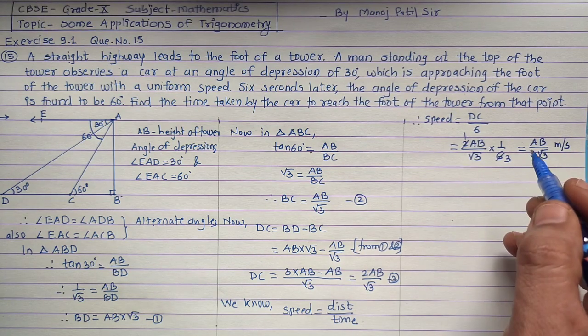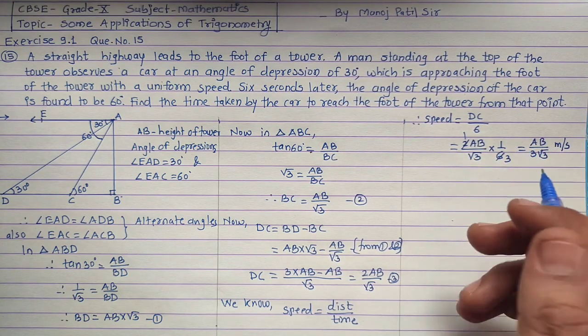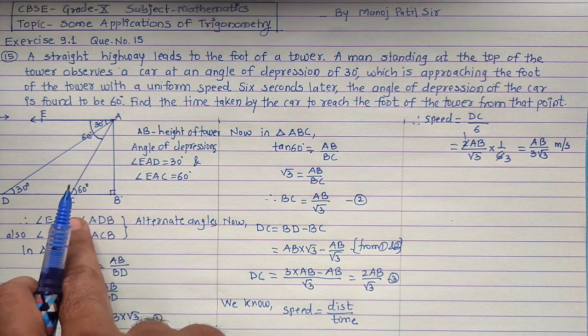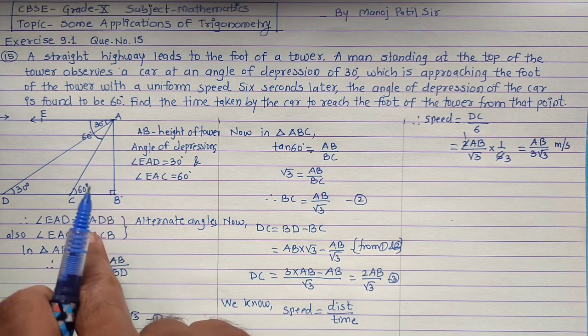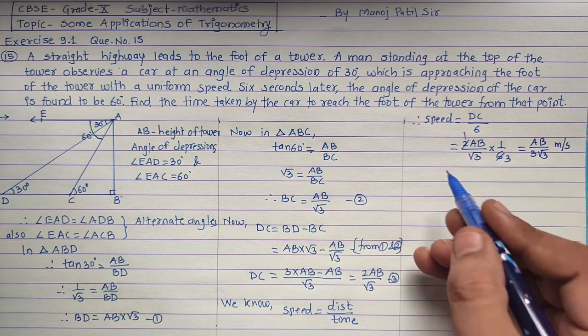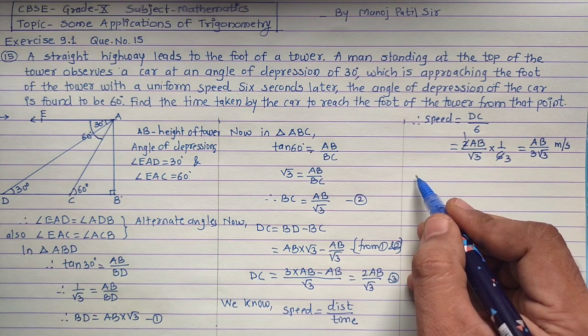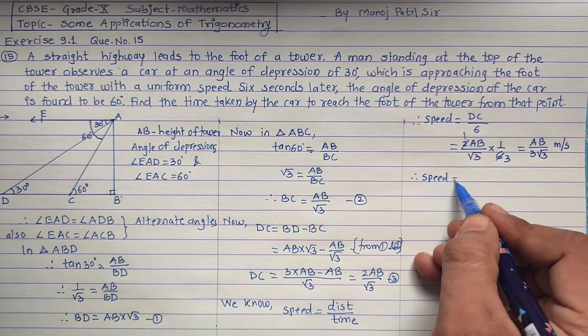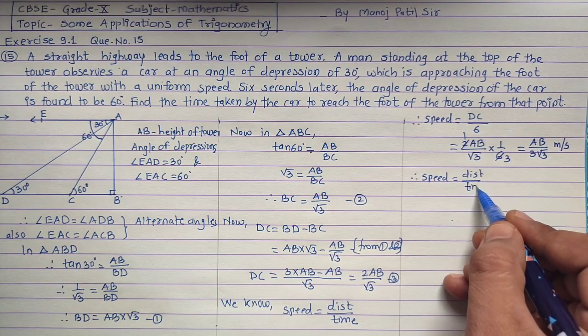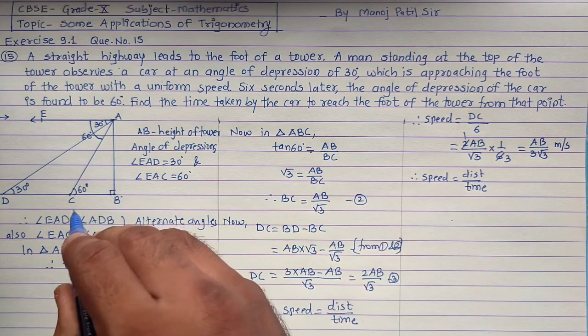Now the speed is uniform, therefore the same speed will be there to travel distance C to B. So the same speed, AB upon 3 root 3 meters per second, we are going to use here. Again we use the formula: speed is equal to distance upon time. But now which distance do we want to take? Here BC.